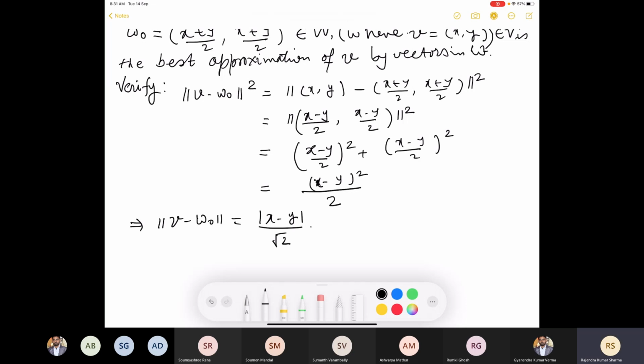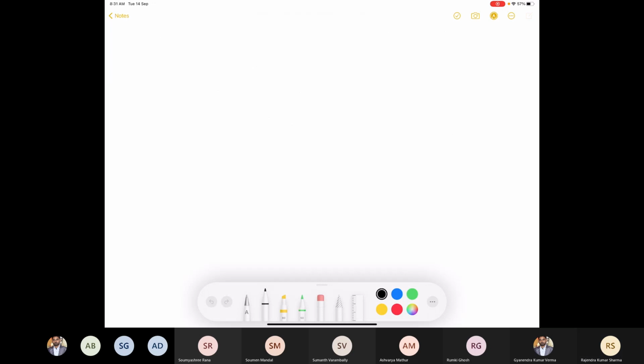Anyway, what we want to show is that this is less than or equal to the norm of v minus w for every w in w. So again, we look at the norm of v minus w for arbitrary w. This is the norm of (x, y) minus (alpha, alpha), since every element here is of the form (alpha, alpha).